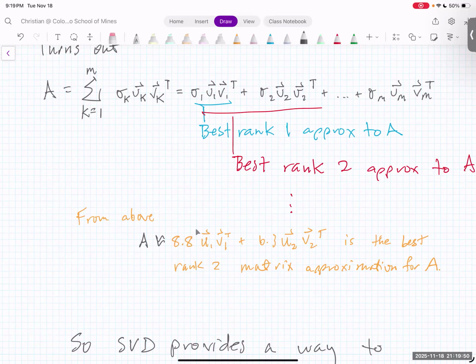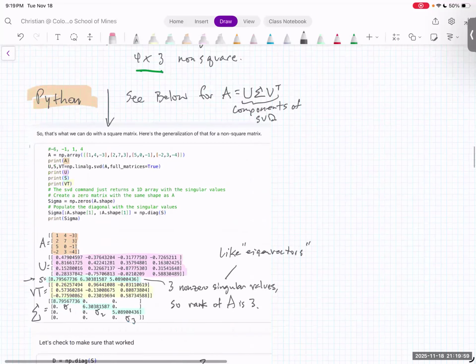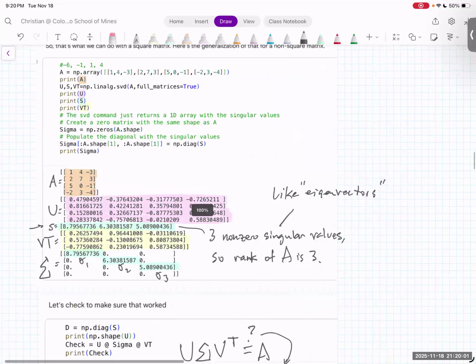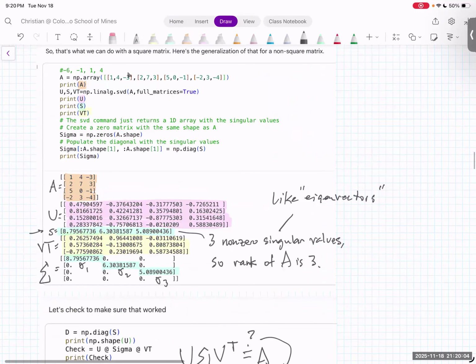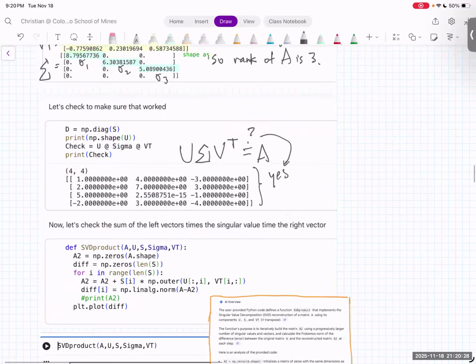Okay, so this was giving us our best rank 2 approximation for matrix A. All right, going back to our code to explain that a little bit. So here we are inputting our 4x3 matrix A. Here's matrix A. We had, again, matrix U, matrix S, which is listing off the singular values, V transpose, and then sigma, the singular values across the main diagonal, zeros everywhere else.